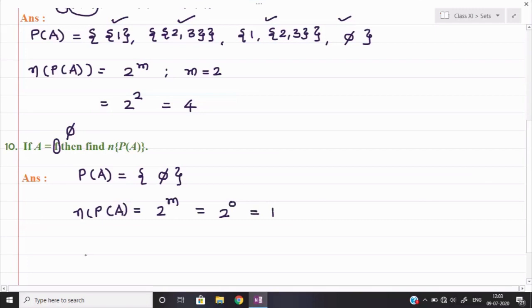So directly also it can be written 1 here, or else if you use a proper method and solve all the questions in the same manner, then you will use the formula 2 to the power m, and the value of m we can put here 0, because A does not have any elements.